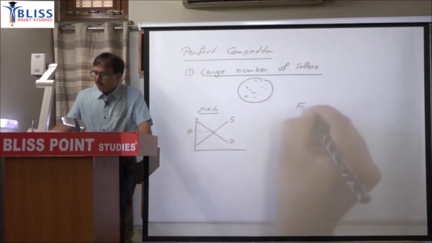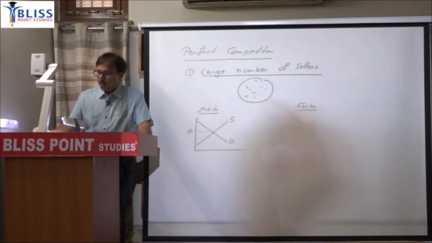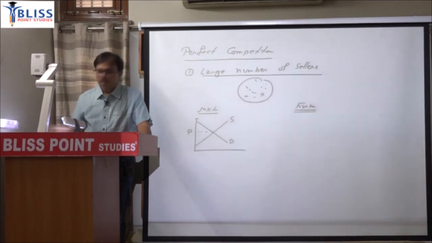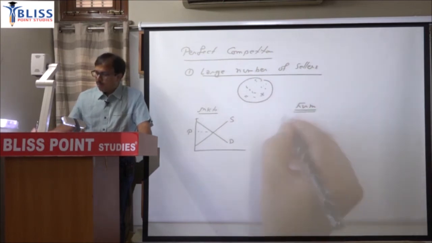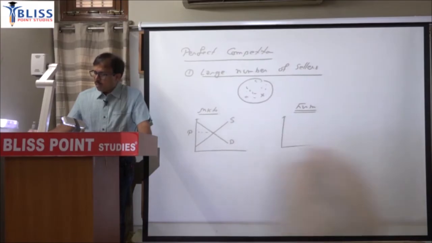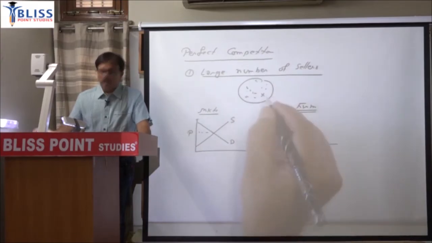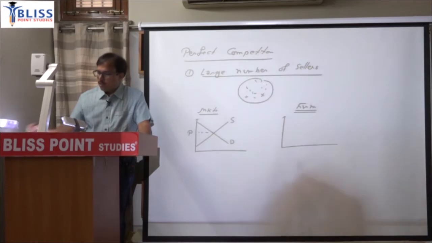And right side I am writing for a firm. So remember, this is the market consisting of large number of firm, and this is one firm. Suppose in this market there is one firm X. So now I am writing for this firm X. That single firm X do not have any control over the market price.